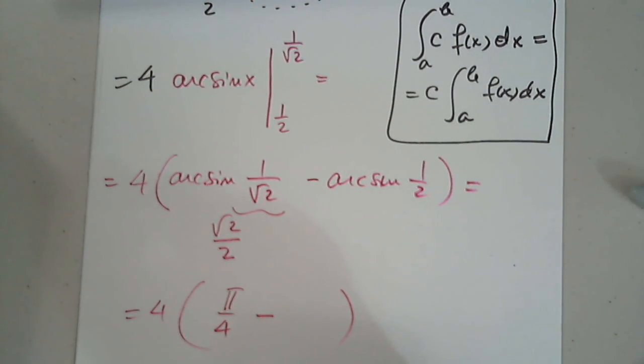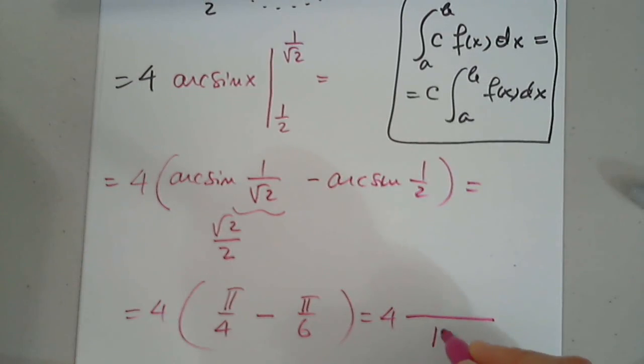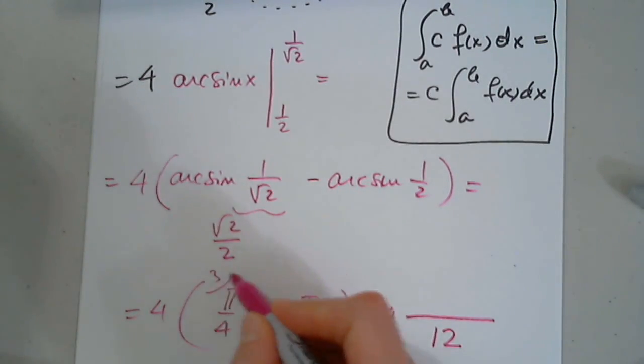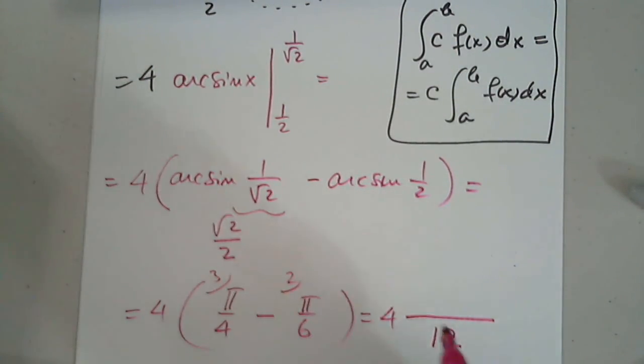Minus, in the first quadrant, thank you, which angle has sine 1/2? Very good. So we find the least common denominator. This needs a 3, this needs a 2, so that's pi. Simplify, and we get pi divided by 3.